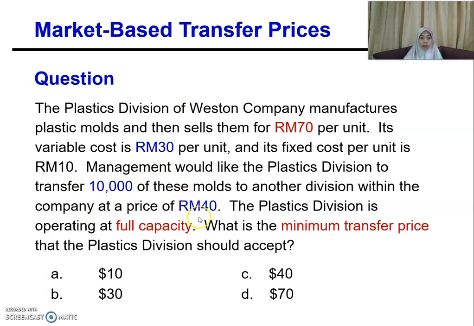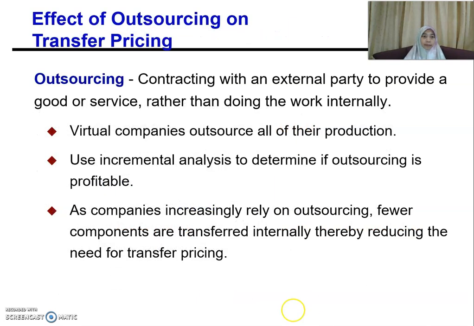Is it 40? Is it 10? Is it 30? Or is it 70? If you are basing your price on the market, then of course the answer would be 70, right? So 70. You just base it on the market.